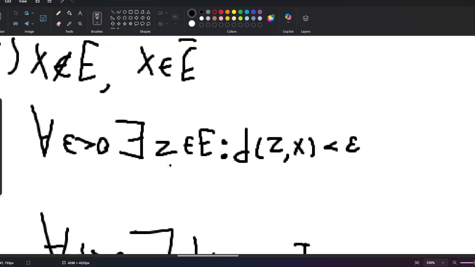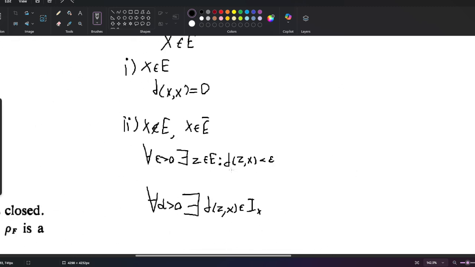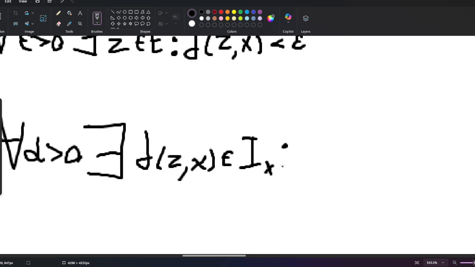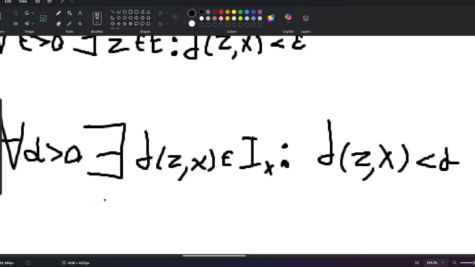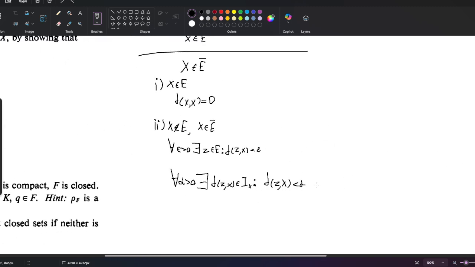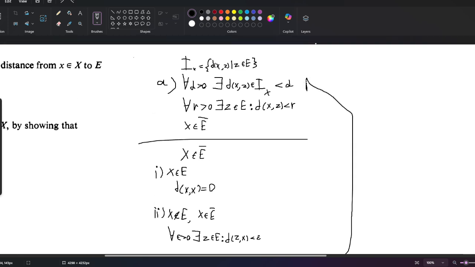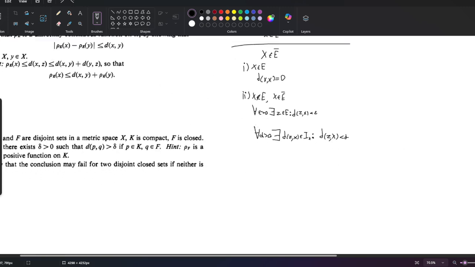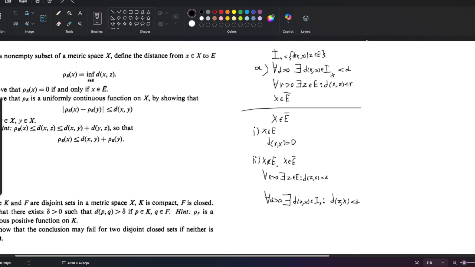Again, we're just mapping z to d(z,x), hence why it exists, such that d(z,x) is less than alpha. And again, this is just basically the definition of the greatest lower bound. So indeed, the infimum is going to be 0.